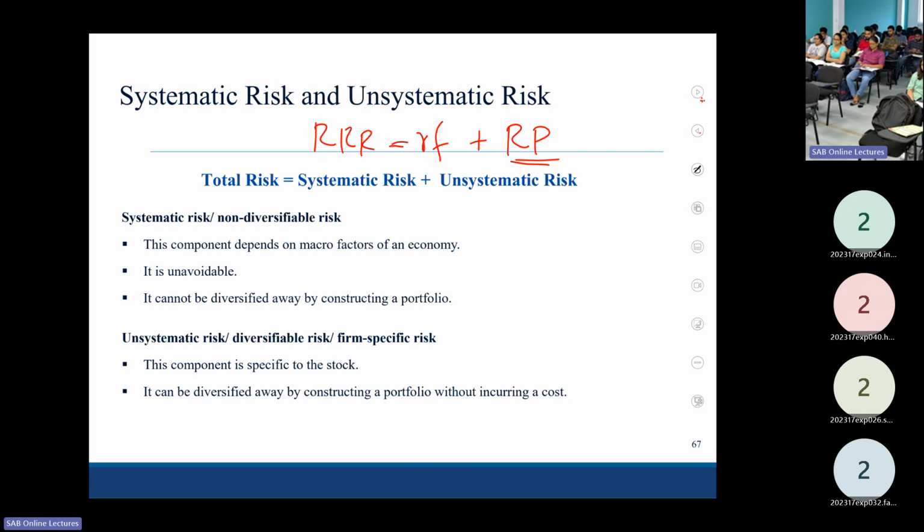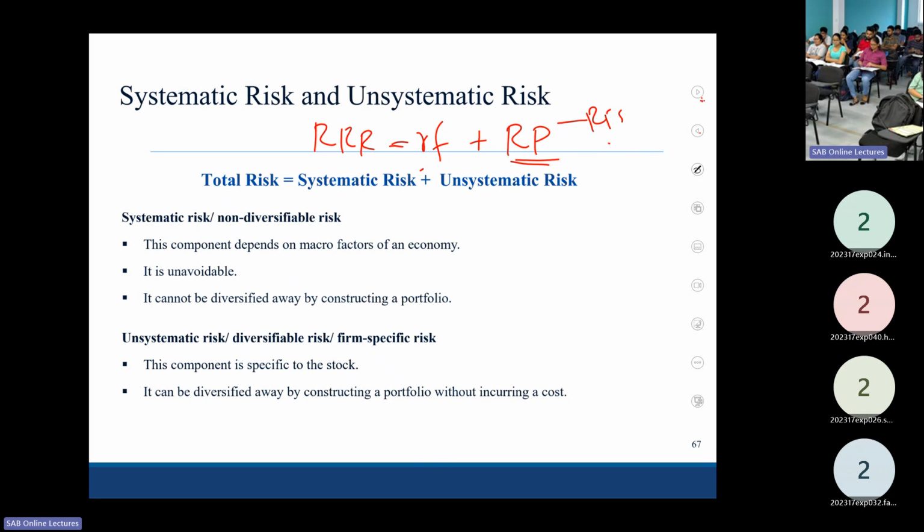Here, the risk premium is for bearing risk, and the risk-free rate is for the time value of money. So if you can construct a portfolio and eliminate risk, what is this risk premium for? This is where investment portfolio management starts. Risk consists of two types. With the standard deviation, you calculated total risk.